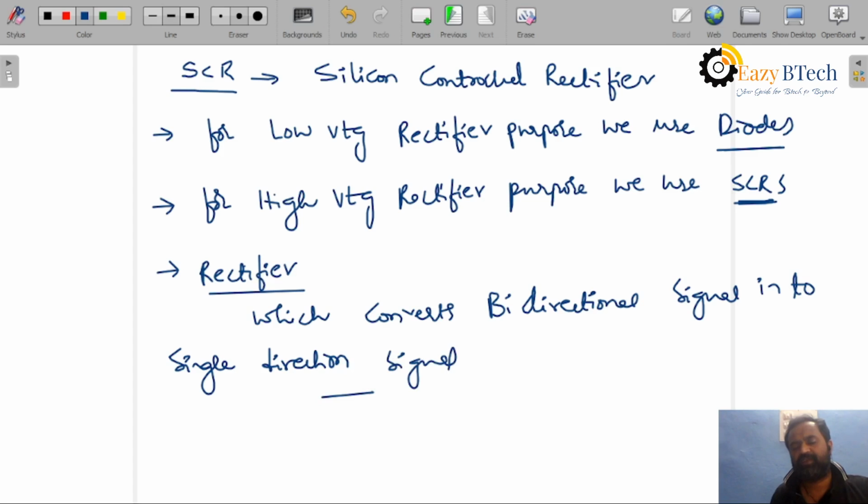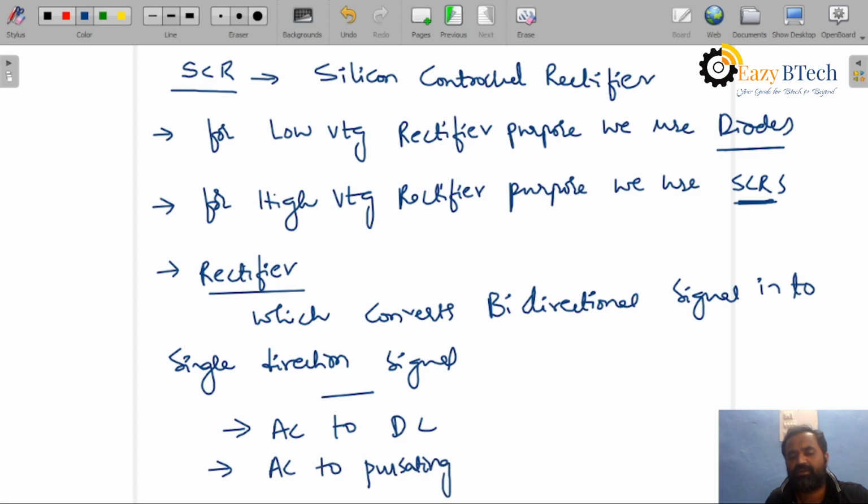Means, in a rectifier, it converts AC to DC. But practically and strictly speaking, it converts AC to pulsating DC.